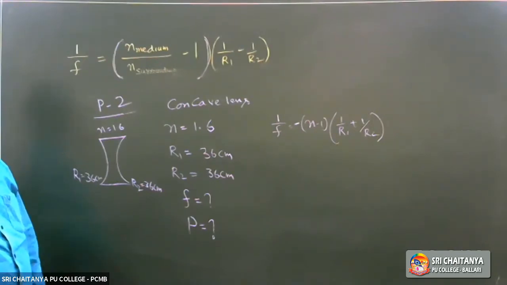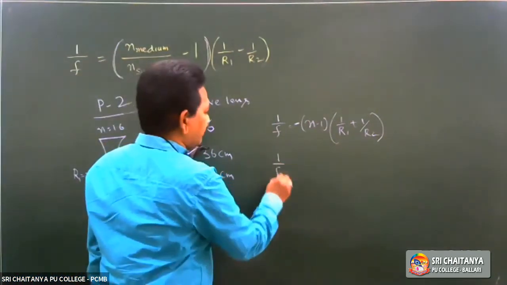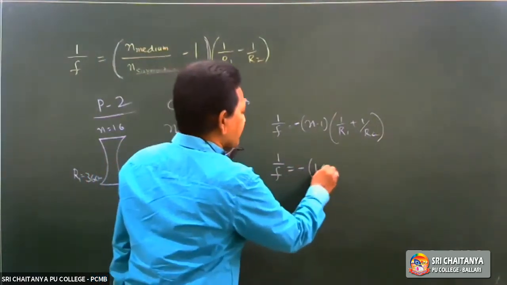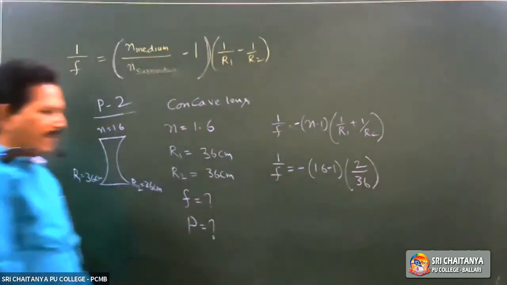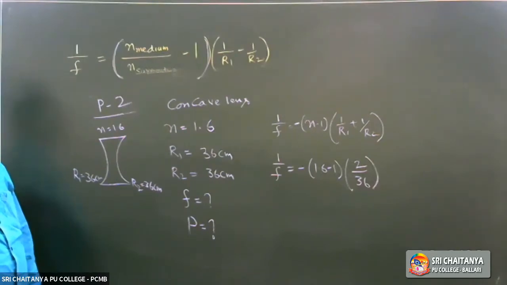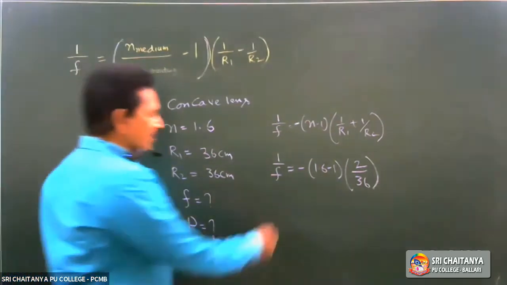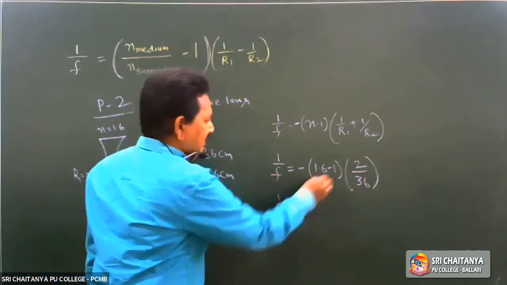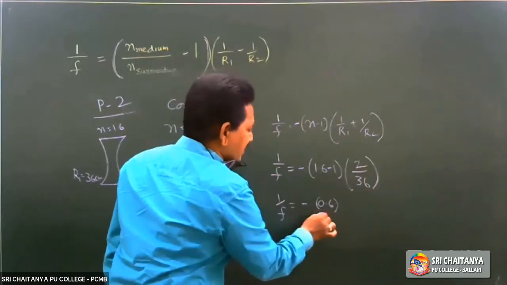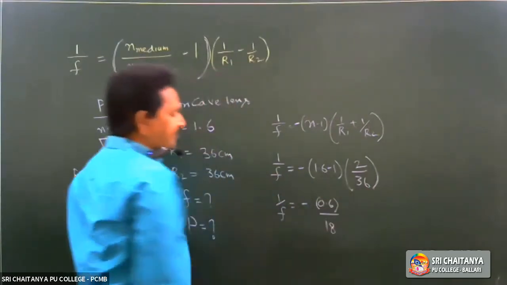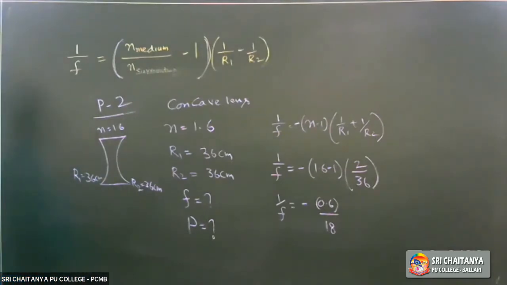So 1 by f is equal to minus (1.6 minus 1) into 2 by 36, because 1 by r1 and 1 by r2 are the same. 2 by 36 is equal to 1 by 18. 1.6 minus 1 is 0.6.